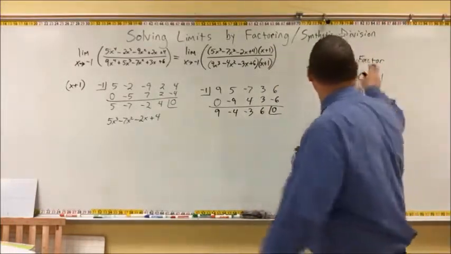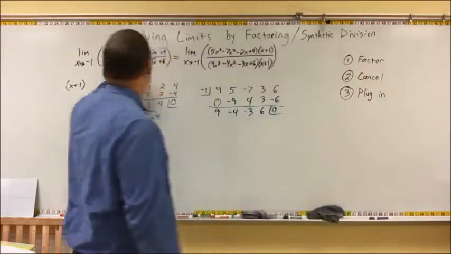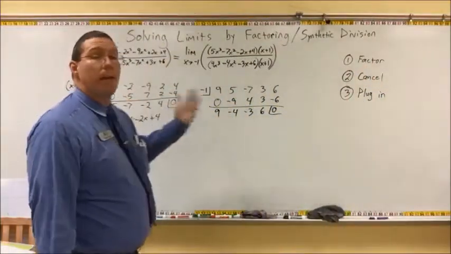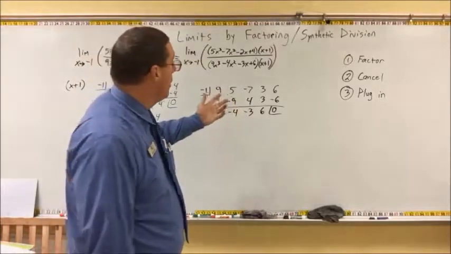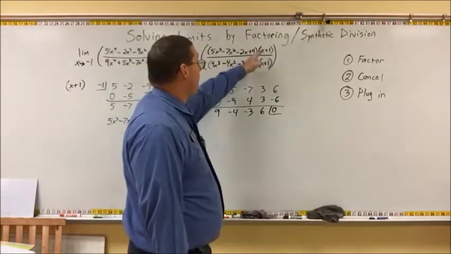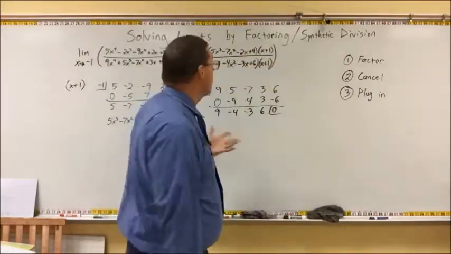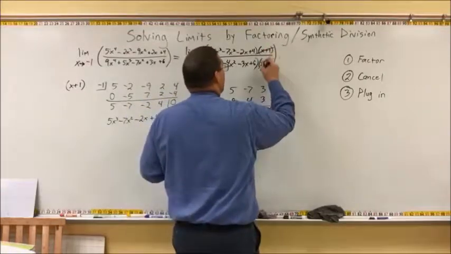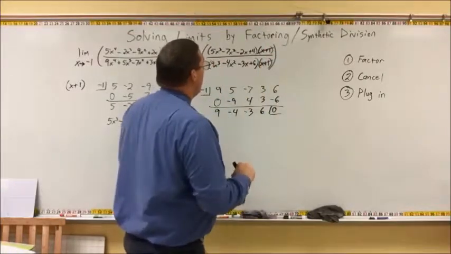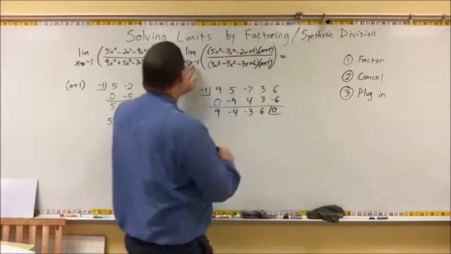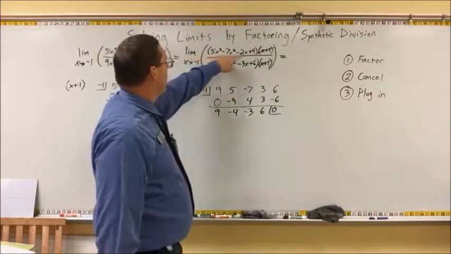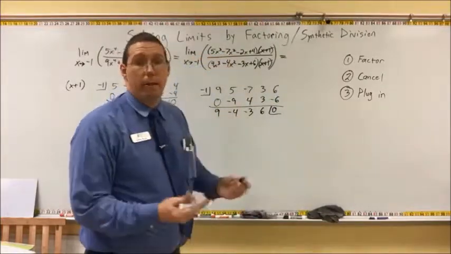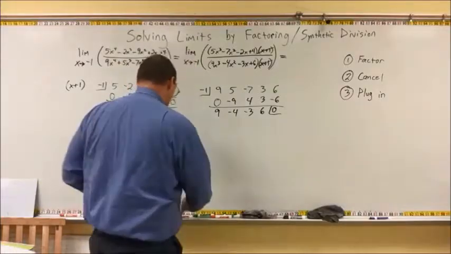So we completed step 1, factor. We factored the numerator and the denominator, not necessarily completely, but all we had to factor out was the x plus 1. So now we can cancel the x plus 1, and now we can plug negative 1 in for x in the numerator and the denominator, and find out what our answer is.